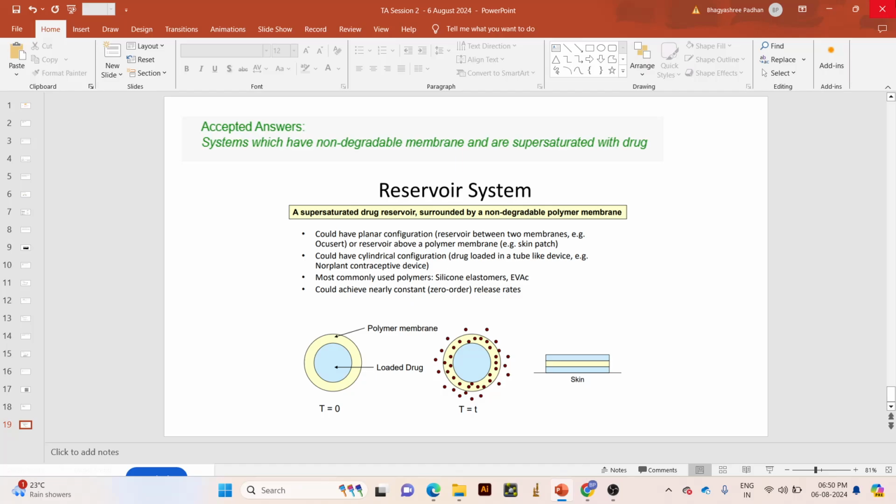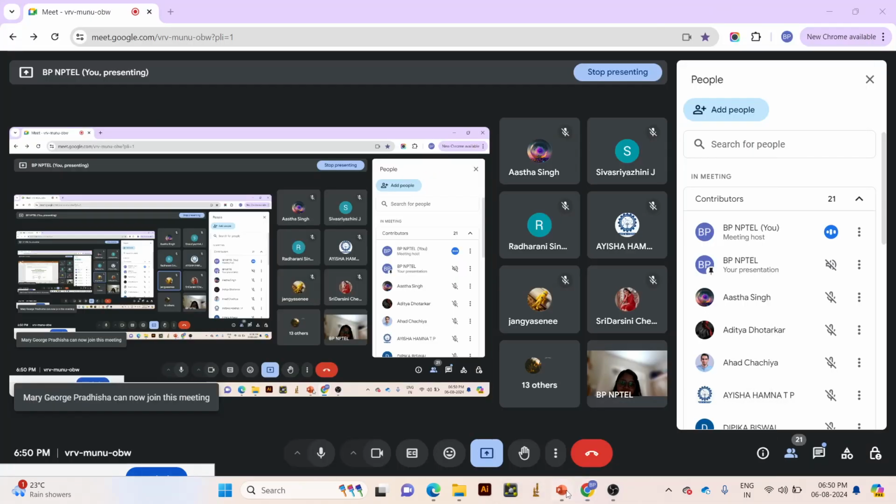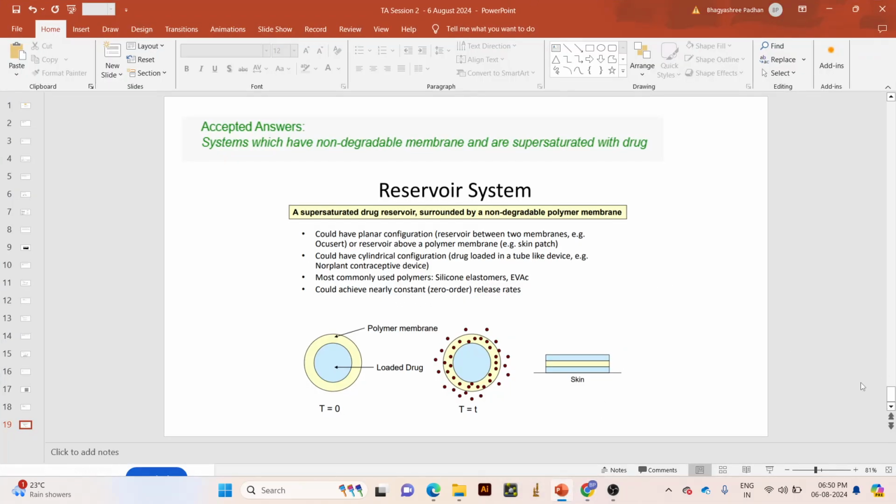Anybody else has any other questions or doubts? Ma'am, can you explain about second order reaction and its equations? I think there is a proper lecture on it on second order reaction.